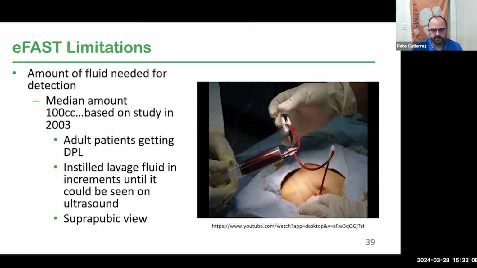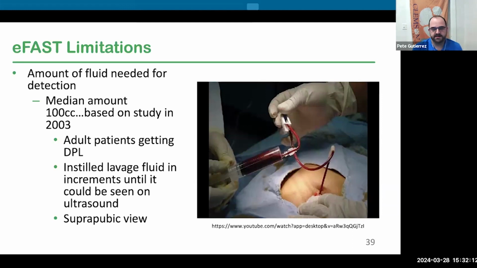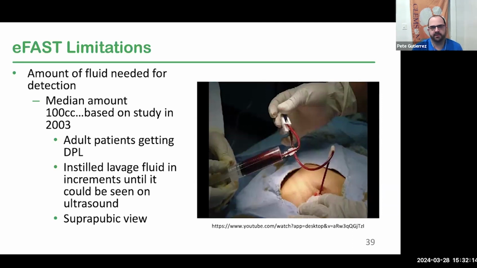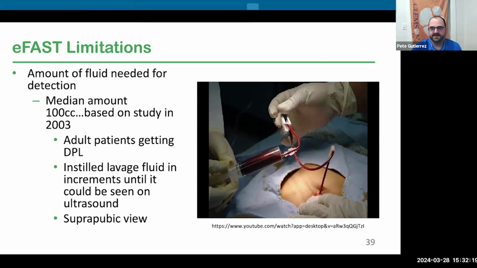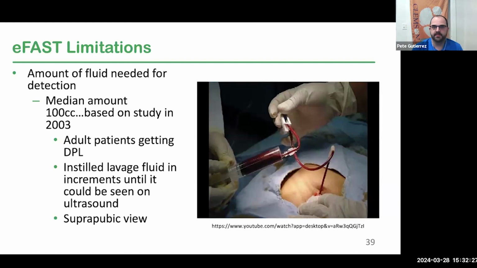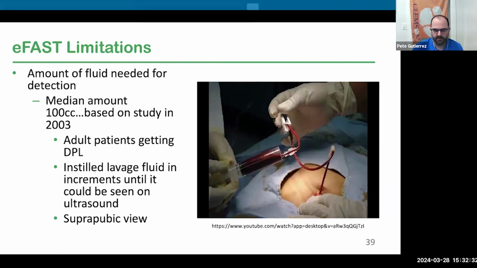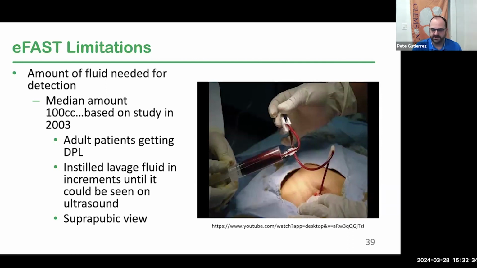The median amount of fluid needed to have a positive suprapubic view was about 100 cc's. Granted, that was technology that is now about 20 years old, and our ultrasounds are getting better and better at finding smaller and smaller amounts of fluid. I doubt we'll see a similar study because we're thankfully not doing DPLs anymore.